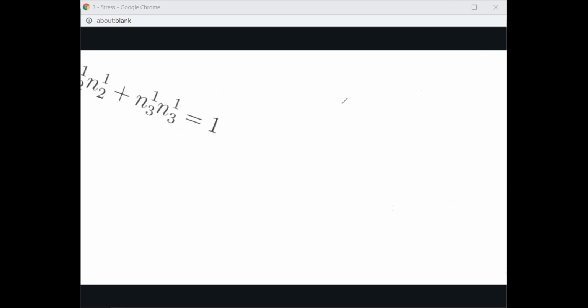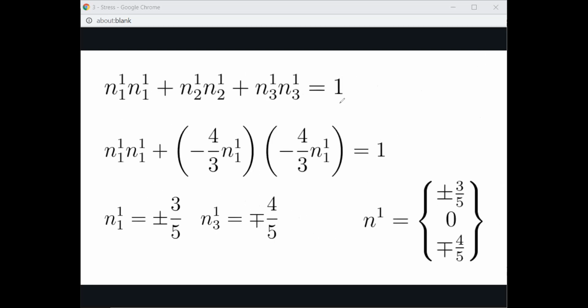Okay, let's move on. And that's why we use this equation indicating that the vector that we should get should be normal. So just substituting everything here, n11, n11, yung n12 is equal to 0, so that is 0. And then substituting here equals 1.